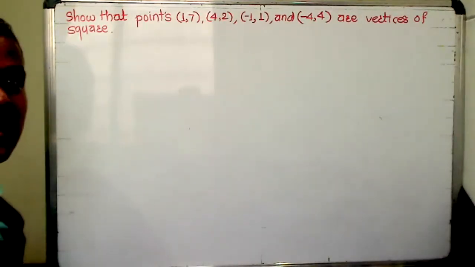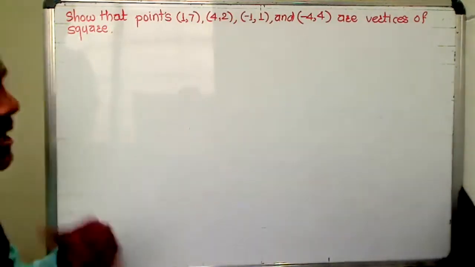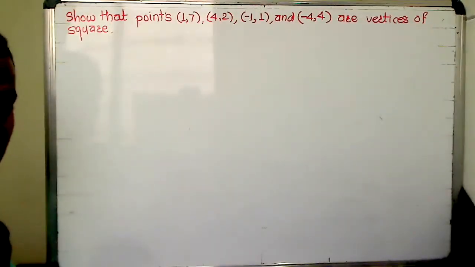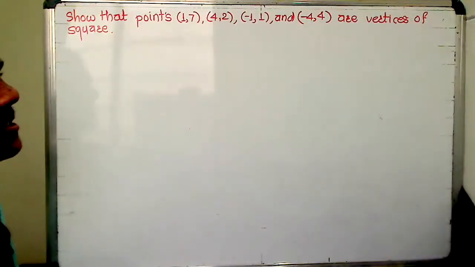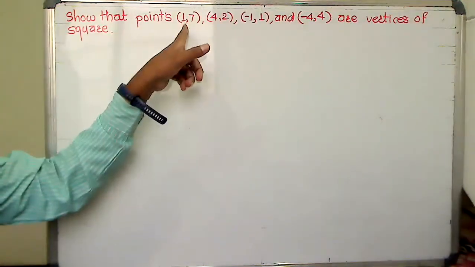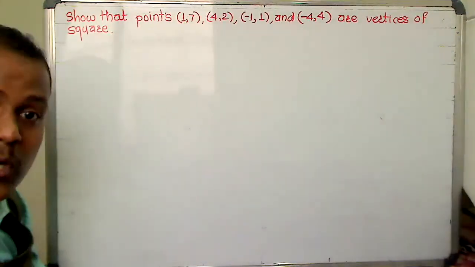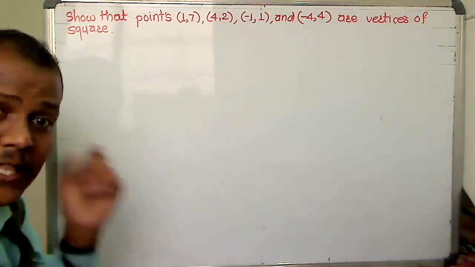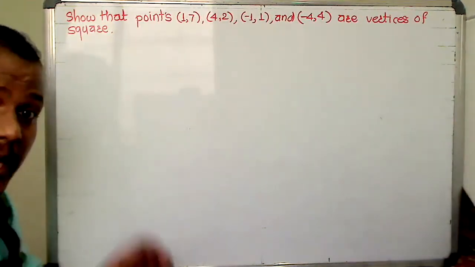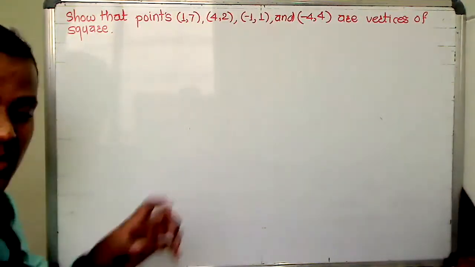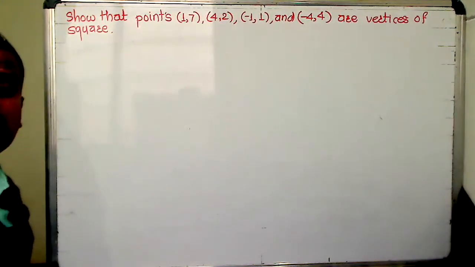And another property which is to be stressed in this example is the distance between the two diagonals. We know that the length of the diagonals of a square is the same.